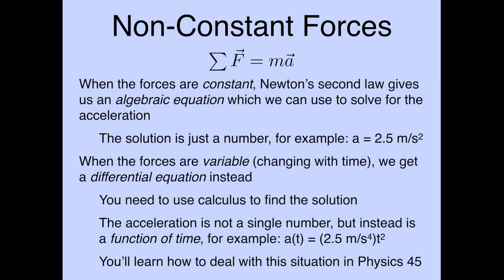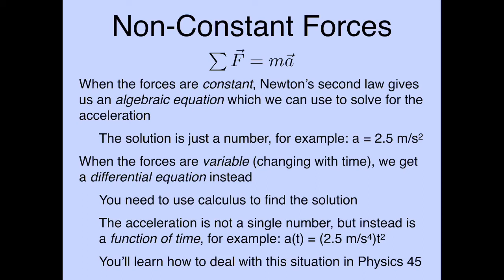Now, let's first think about the case where the forces acting on an object are constant. So they don't change over time. They're just constant numbers. Okay? Well, if we apply Newton's second law in a situation like that, we're going to solve for the acceleration, a, and we're also going to get just a constant number. Think about it this way: if the left-hand side of the equation, the forces, is all just a constant, that means the acceleration is going to be a constant as well.